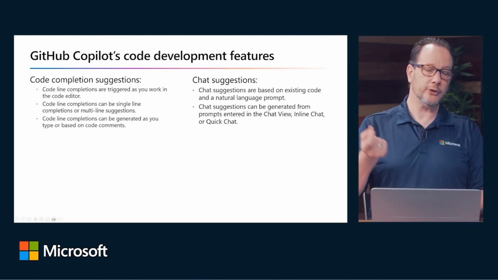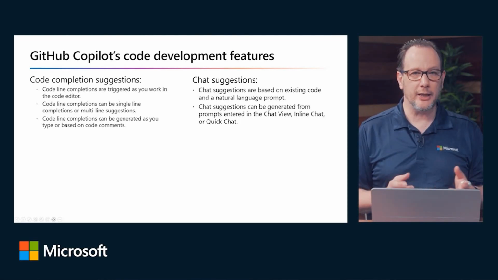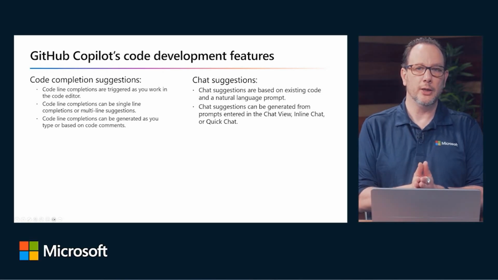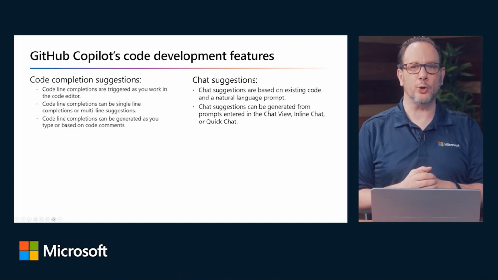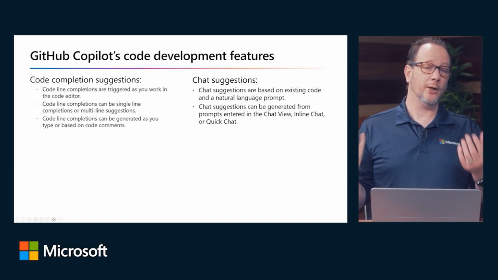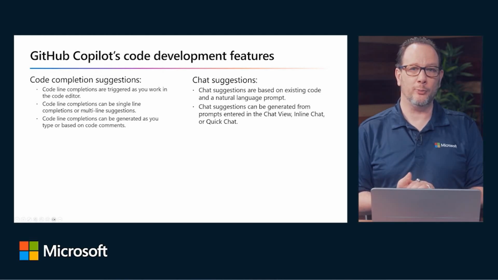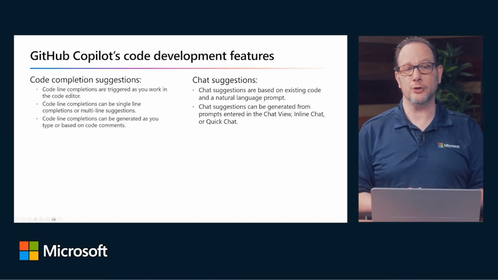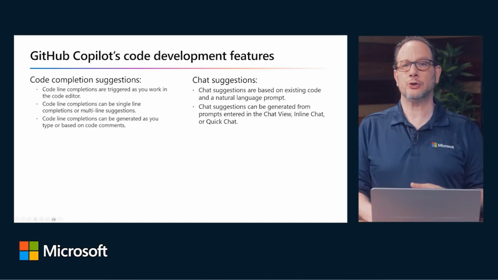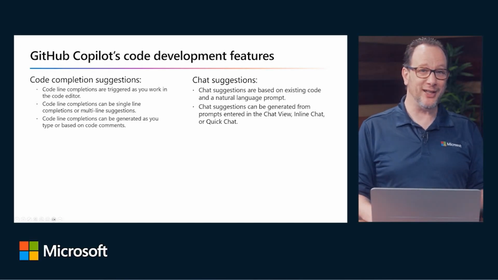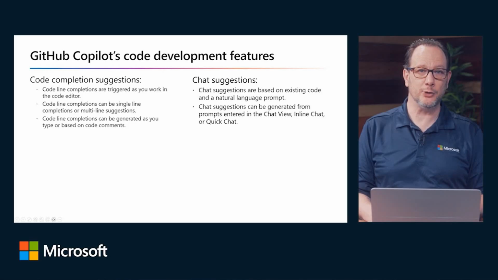What it was doing was actually already using some AI-inspired features to help us produce a possible next keyword in your coding sequence. Now, I would like to describe GitHub Copilot code development features as IntelliCode on steroids. Why? Because it's so much better, it's so much faster, and it's just amazingly cool.